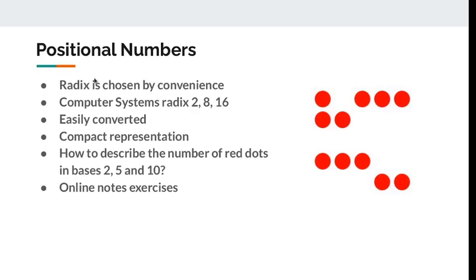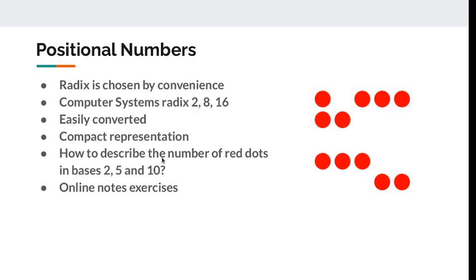But you choose the radix depending on your application. And computer systems usually use radix 2, 8, and 16 because they are easily converted between them. Especially octal and hexadecimal, the names of the 8 and 16 radix, are a compact representation of the numbers because they use fewer digits to represent the same number.